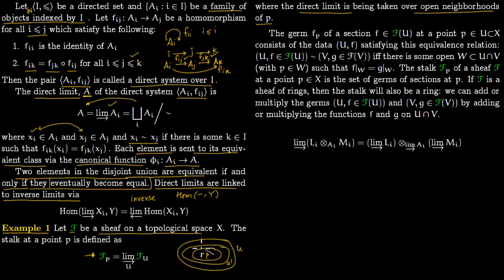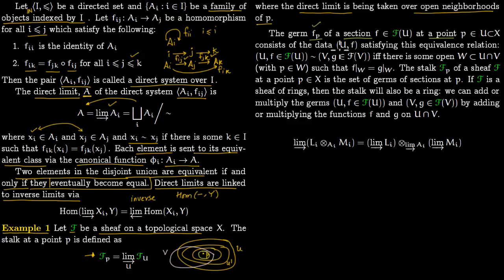Say for example there is another one like this, V. Then we can talk about germs at point P. Obviously then you have to talk about the intersection of U and V, and take sets which are contained within both V and U. So you need to talk about the set W here, which is contained within both V and U. So the germ Fp of a section F in F of U at a point P which lies within this set U, which is contained within our topological space X.